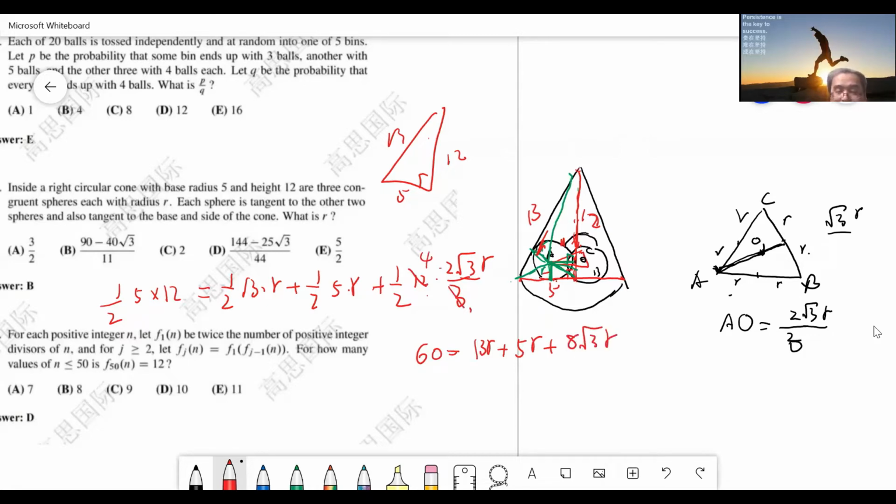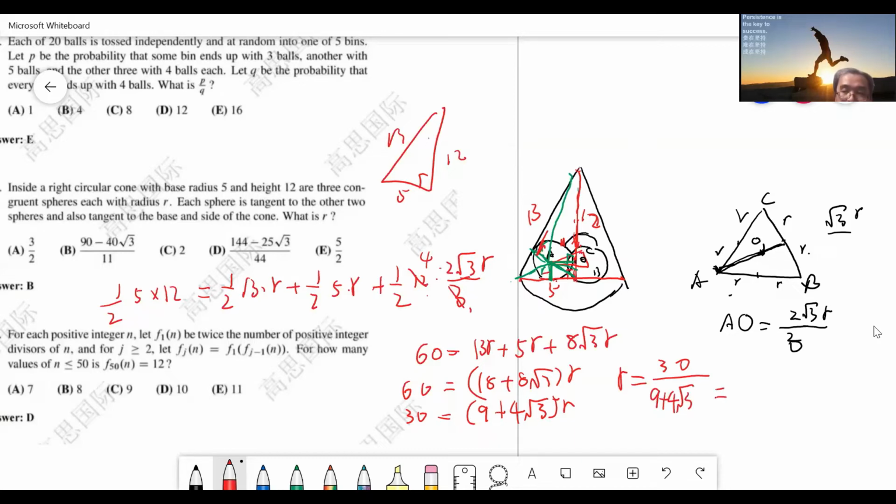Now you can see that's just a really simple one-variable equation. 60 equals 18r plus 8 square root 3 r. Divide by 2 on both sides: 30 equals 9r plus 4 square root 3 r. So solving, r equals 30 over 9 plus 4 square root 3.